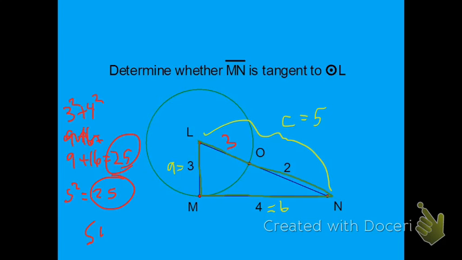So since a squared plus b squared equals c squared, then you can assume angle M is 90 degrees, which says that yes, MN is tangent to circle L. Okay, so since a tangent line is perpendicular to the radius, and we proved it using the converse of the Pythagorean theorem, that means that that line is tangent to the circle.